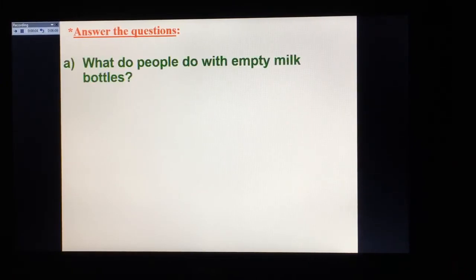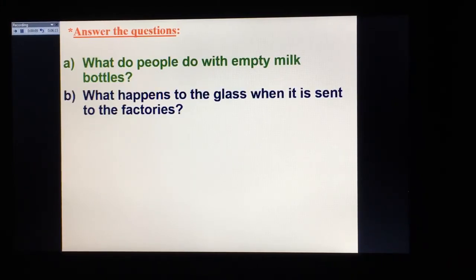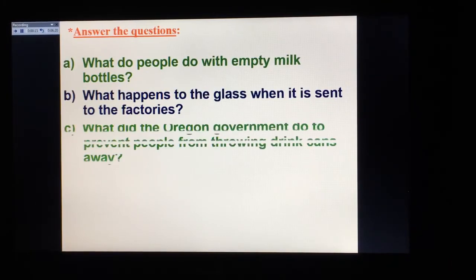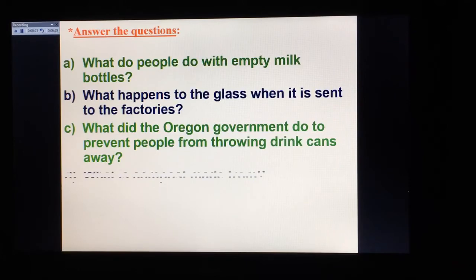Answer the questions. We have question A. What do people do with empty milk bottles? Question B. What happens to the glass when it is sent to the factories? Question C. What did the Oregon government do to prevent people from throwing drink cans away?